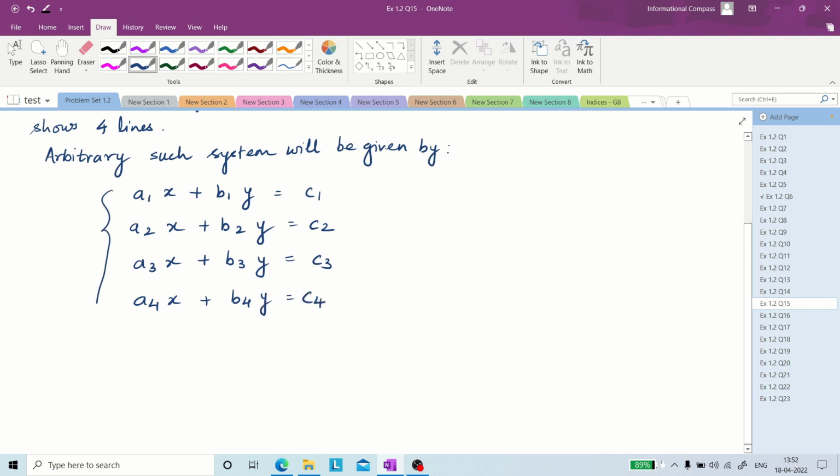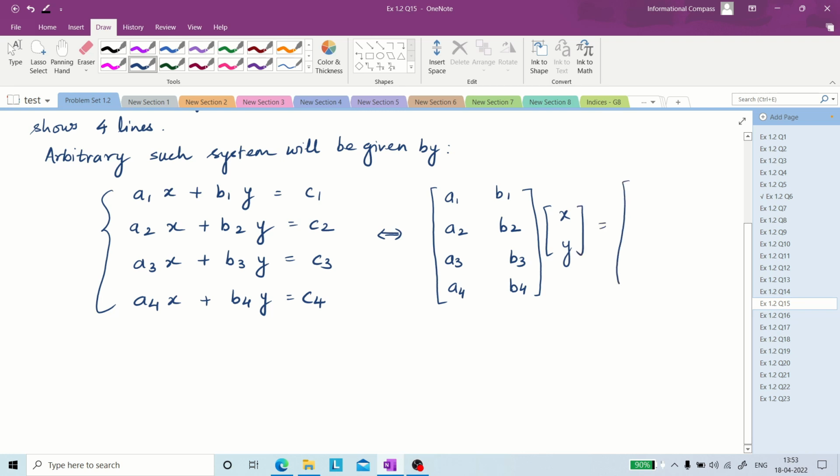So these are our four linear equations, which if we write it in matrix form will be a1 b1, a2 b2, a3 b3 and a4 b4, times x y, equal to c1 c2 c3 c4.